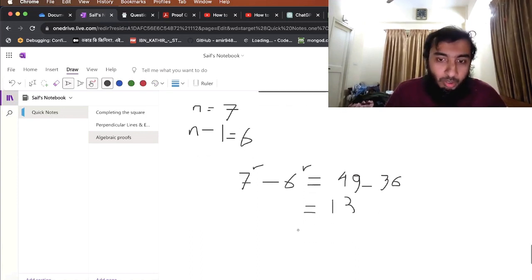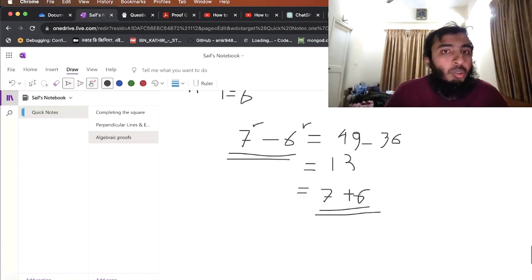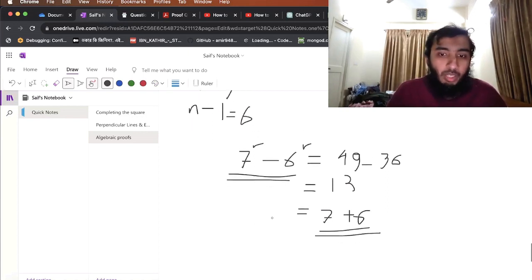So 13 can also be expressed as 7 + 6. So the difference of the squares of these two consecutive numbers is indeed the sum of these two numbers. You can use any positive numbers n and n − 1 to check whether this mathematical fact works or not.